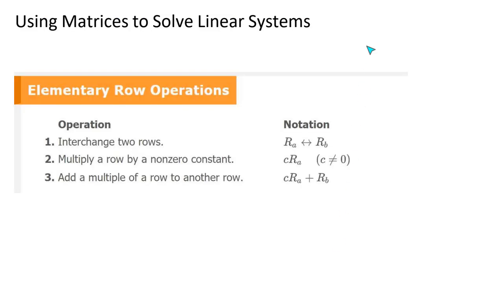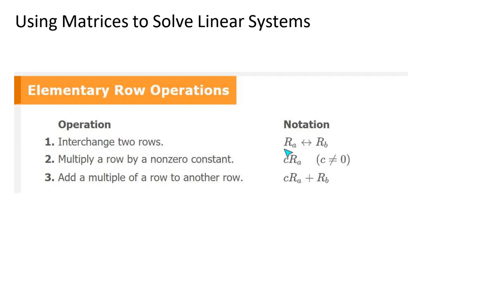Okay, so we want to solve systems, and we're going to do that by using some methods. But before we go into that, we need to know what a row operation is. And so we have 3 row operations. The first one is that you can interchange any 2 rows.